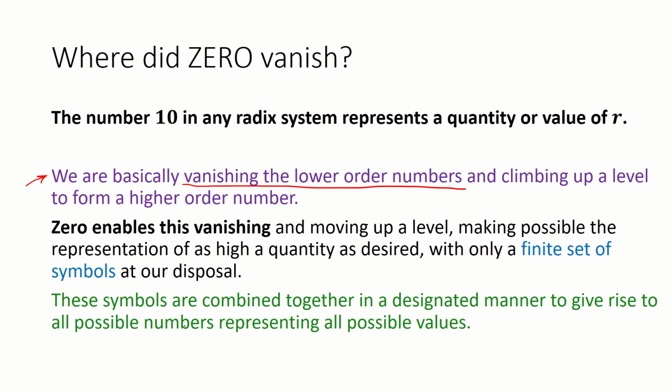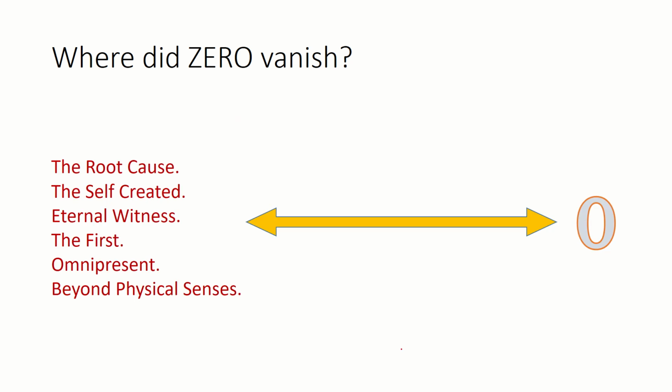Coming back to our number system, these symbols combined together in a designated manner give rise to the possible numbers representing all possible values. This is what we have already seen. So concluding, 0 actually did not vanish.